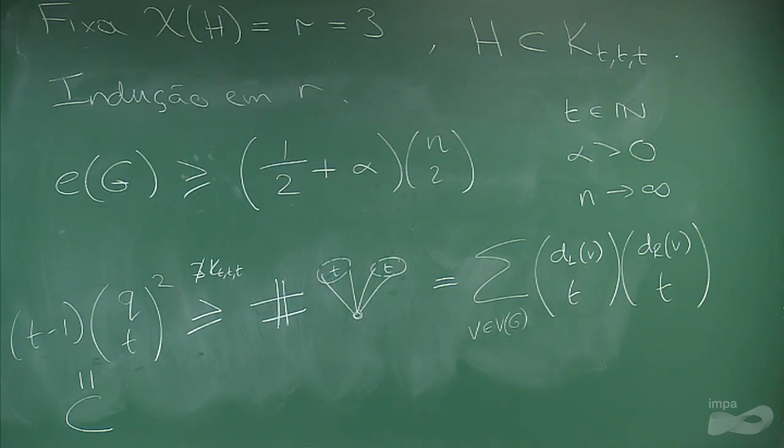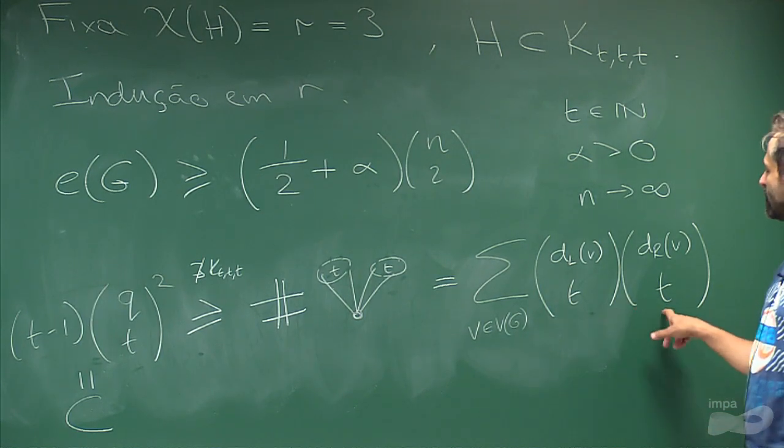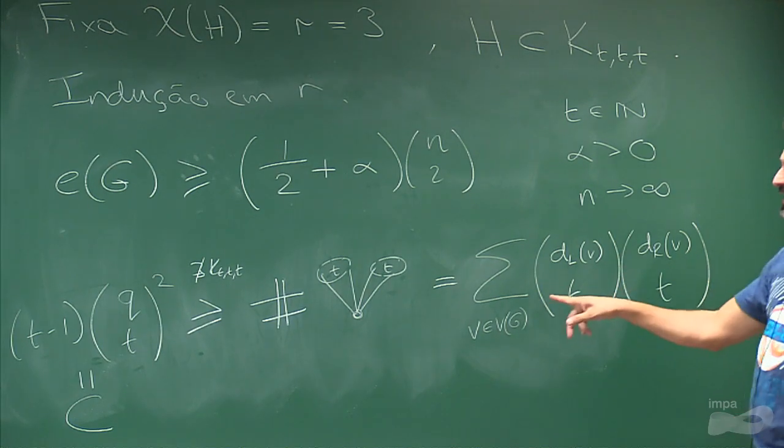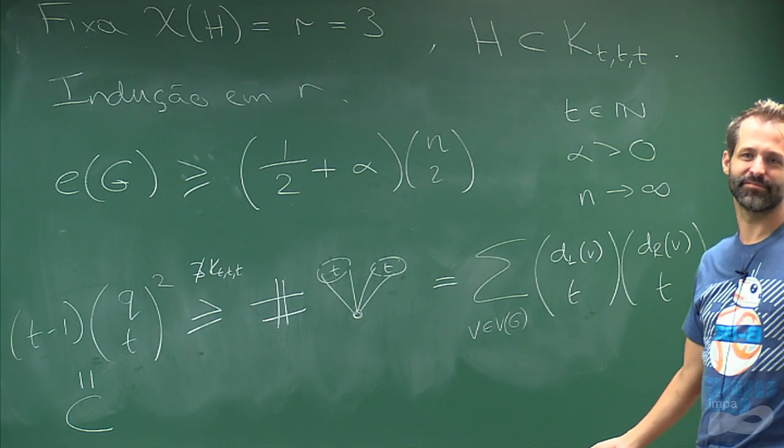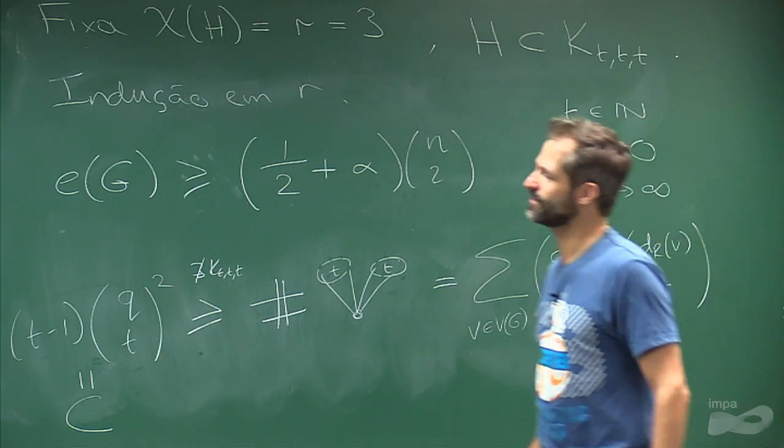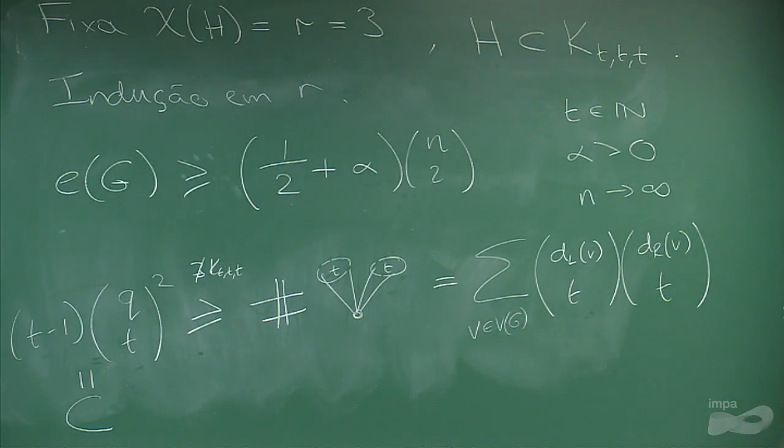Okay, so that's good. If we can show that this sum is bigger than a constant, we have a contradiction. That's what we need to do. That doesn't sound too hard. I'll get rid of this.